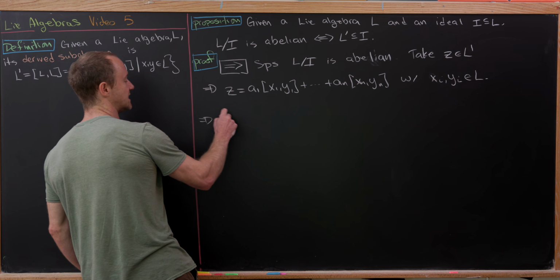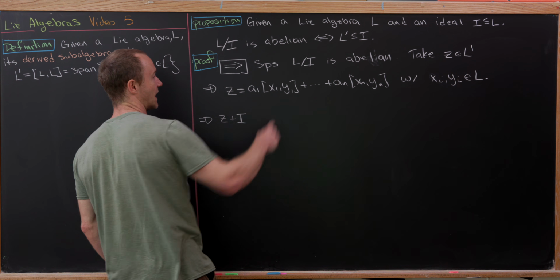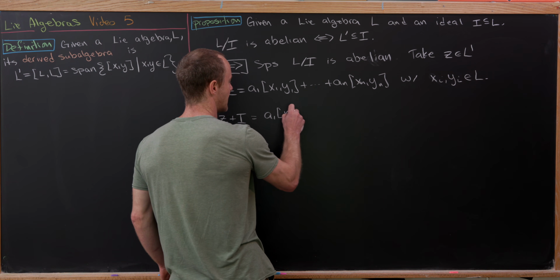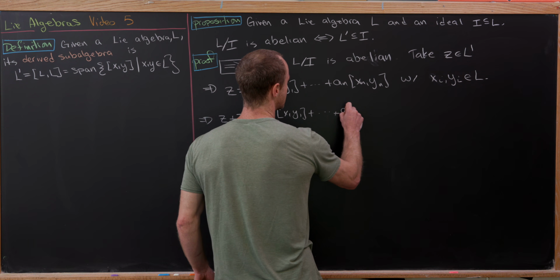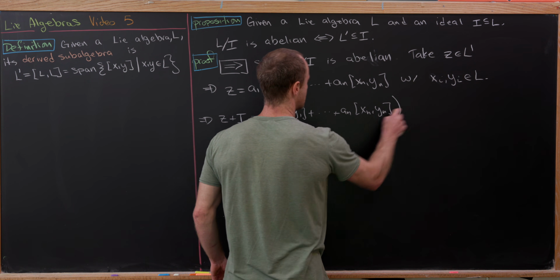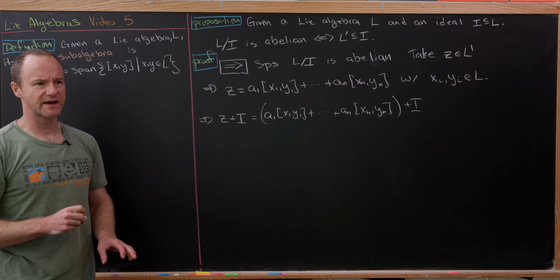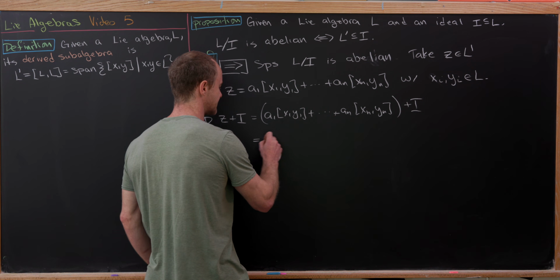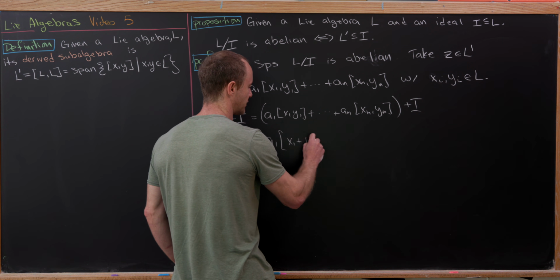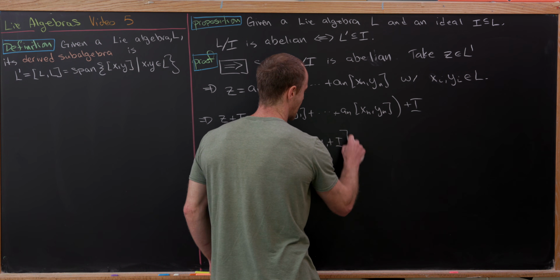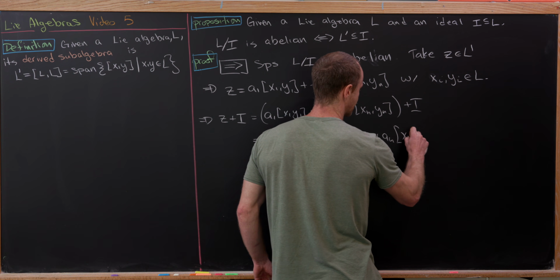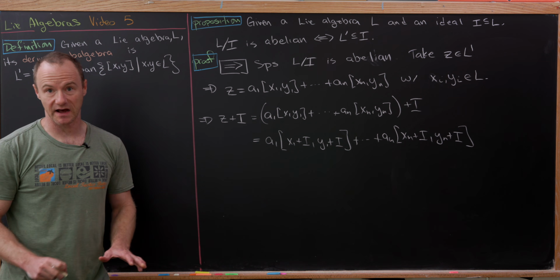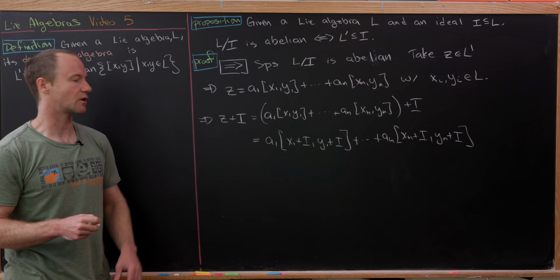So let's note that Z plus I, which is an element of L mod I, remember elements of L mod I are cosets, will be equal to a1 bracket x1, y1, all the way up to an bracket xn, yn, and then plus I. But then by the definition of the bracket and addition inside of the quotient Lie algebra, we can write this as a1 times the bracket of x1 plus I with y1 plus I, added all the way up to an times the bracket of xn plus I and yn plus I. Again, this is by the way that we define the addition of cosets and the bracket of cosets within the quotient Lie algebra.